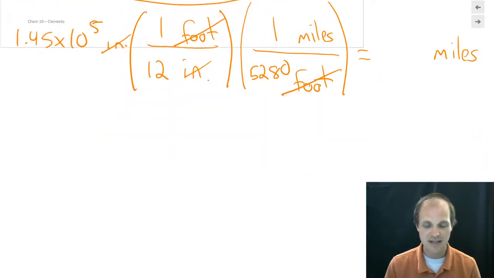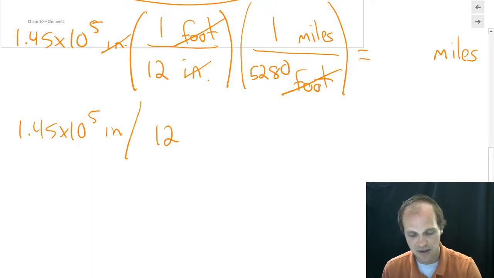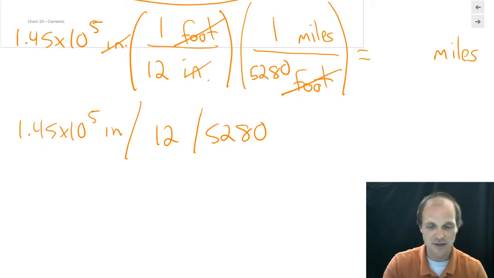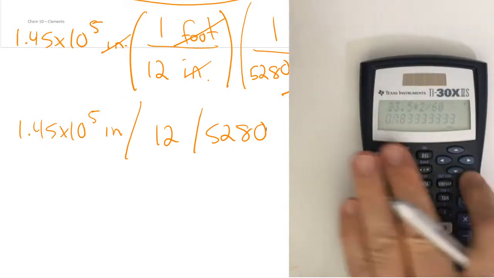So how does that go into our calculator? 1.45 times 10 to the 5th inches, divide by 12, divide by 5280. Everything on the top gets a multiply, everything on the bottom gets a divide, and we generally ignore the ones. So I'm going to go ahead and stick that into my calculator right now, and I've got 1.45.